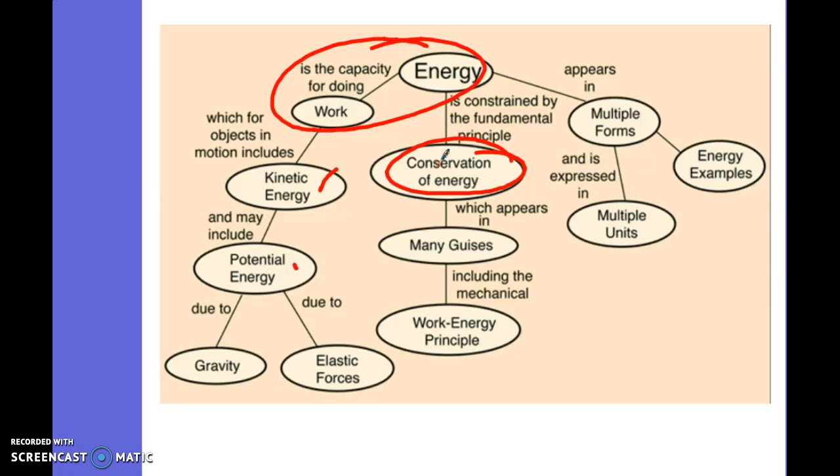Now, energy also appears in multiple forms, meaning you can have your chemical energy, your mechanical energy. There are lots of different banks, I would say, to store your energy. And so energy has multiple units. In chemistry, you discuss calories.